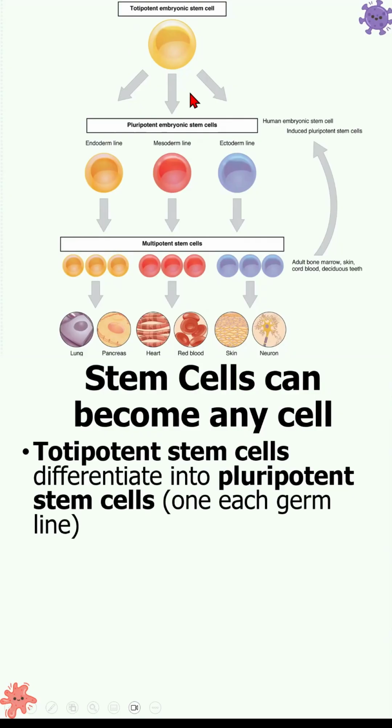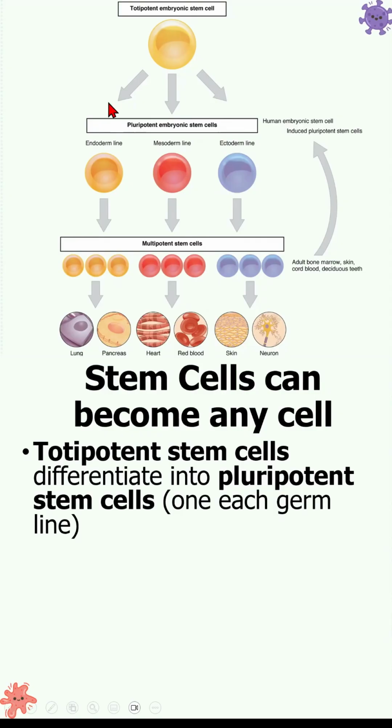Now, when a totipotent embryonic stem cell differentiates, it's going to go into its next evolution. And this evolution is called a pluripotent stem cell. And these pluripotent stem cells belong to the three different germ lines that we learned about in a different video. And remember, the germ lines are the endoderm, mesoderm, and ectoderm, which will ultimately become different organs.